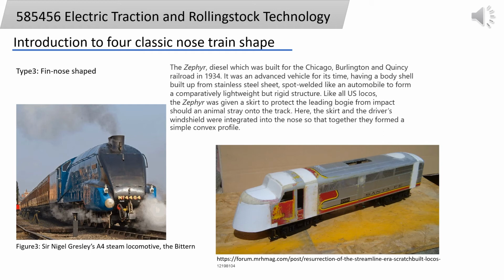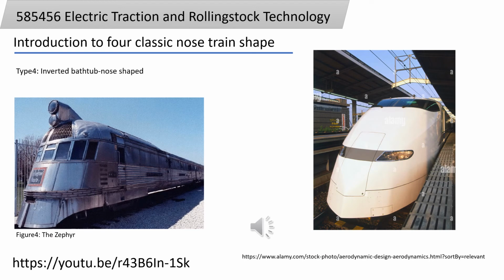Here, the skirt and the driver's wheel shield were integrated into the nose, so that together they formed a simple convex profile. The first type of nose train is the inverted bathtub nose shape.